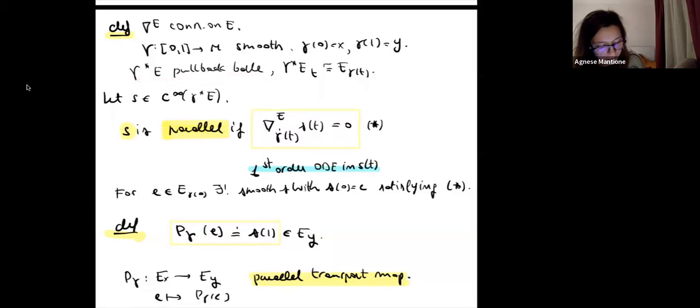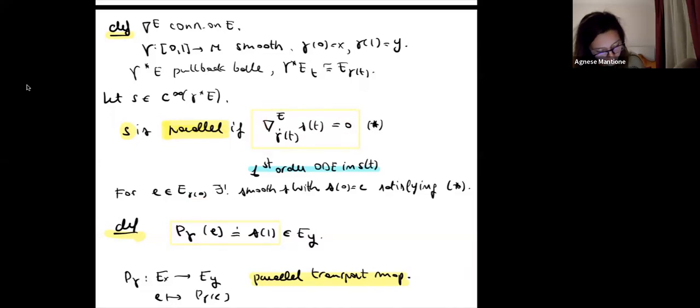At this point, for any section of the pullback bundle, we define the notion of parallel. A section will be called parallel if it satisfies an ordinary differential equation that involves the tangent vector at every point of the curve. And this is an ODE, and by the theory of ODEs, given an initial value, there is a unique solution to the differential equation.